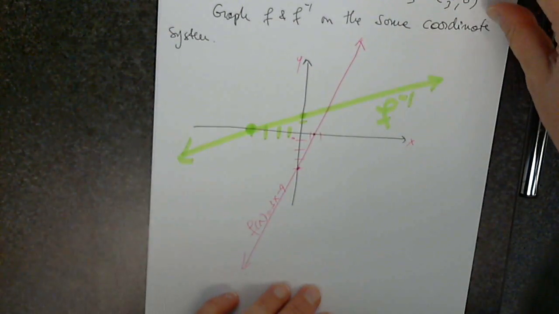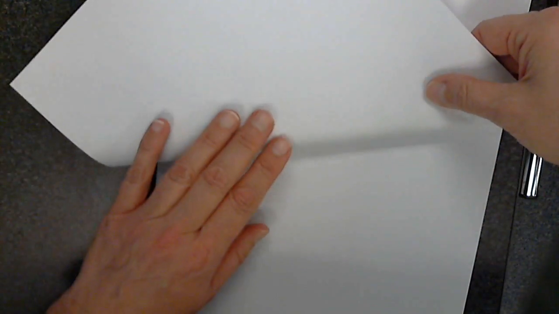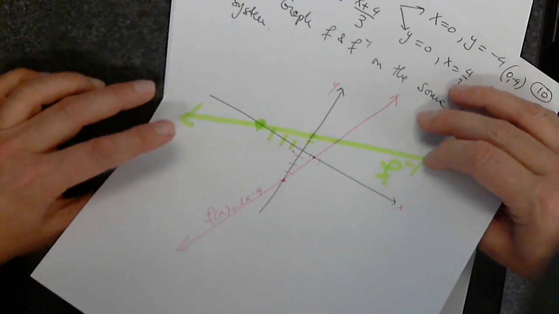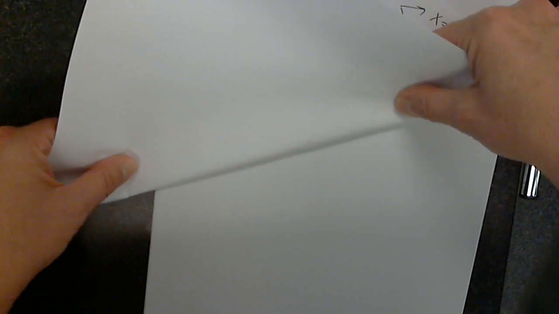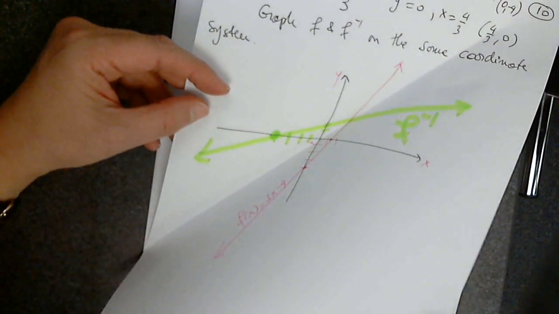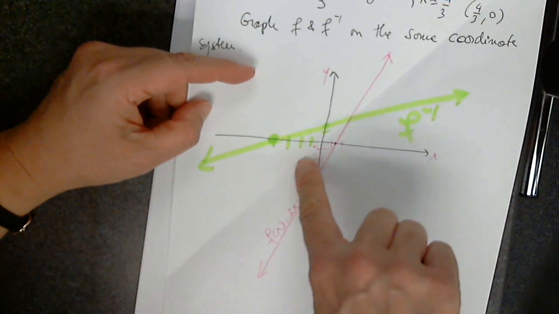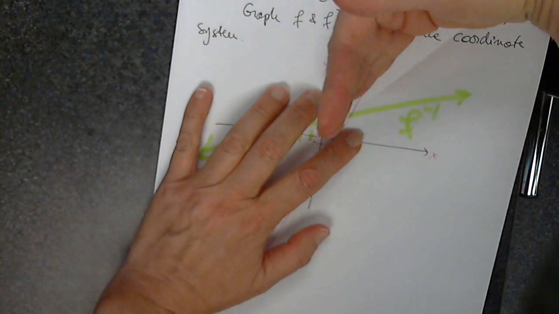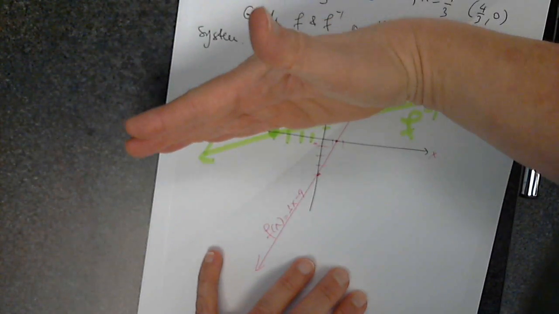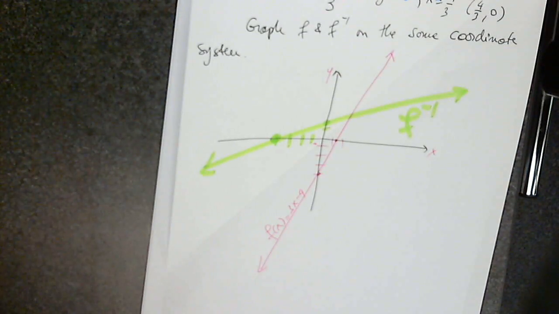And before you say anything, here's what I'm going to do. With respect to this line, and we all know what this line is. So this piece is reflected here with respect to this line. This piece is reflected here with respect to the same line. I need to identify that line.